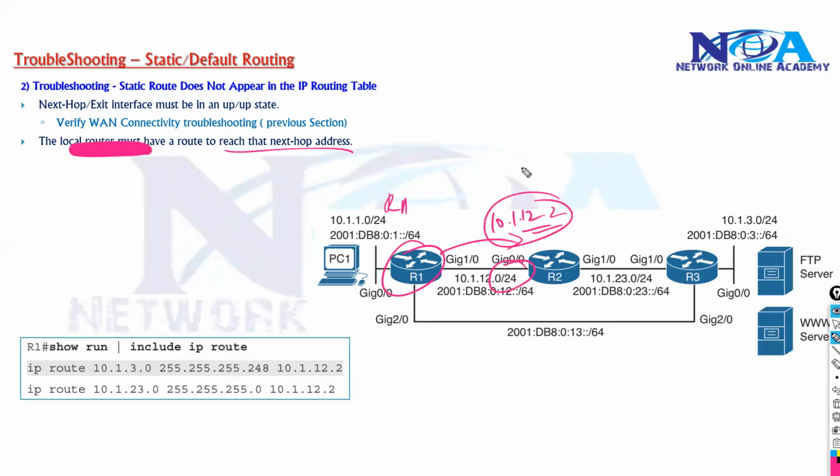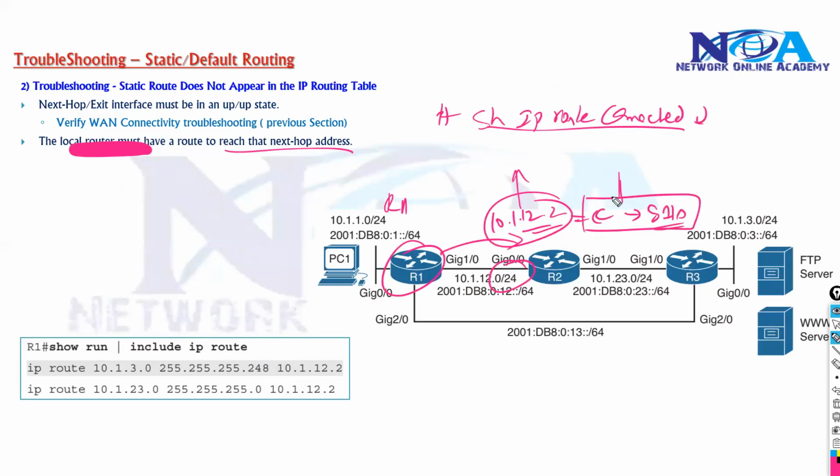This next hop address should be in the routing table, which means when you say show IP route connected, we normally see this route as C, connected on the G1/0 interface. That's how it shows up. Sometimes if you're using any other type of WAN connections like GRE, then whatever the next hop you're using, that next hop must be reachable, in the sense that it should be present in the routing table.